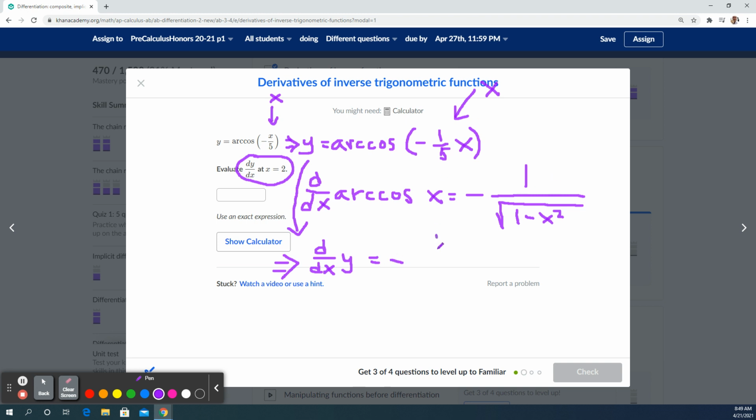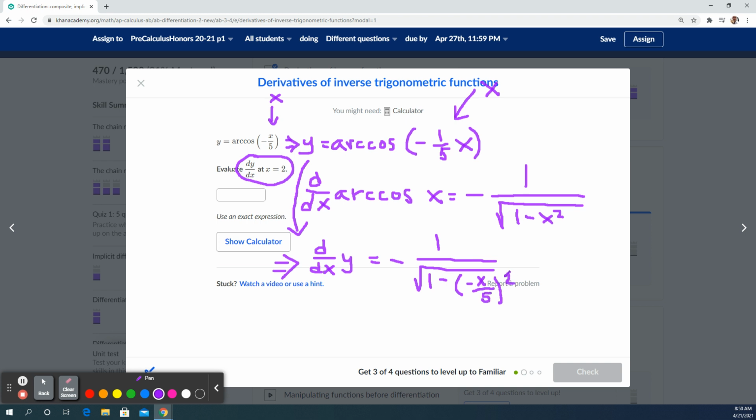So it's a negative 1 over the square root of 1 minus, and instead of x, we have a negative 1 over 5x, or x over negative 5 here. Actually, when I think about it, through my experience, this one's just a little bit more cumbersome to work with. I like that form right there. So I'm going to go ahead and use it. Negative x, remember they're interchangeable, the things I wrote.